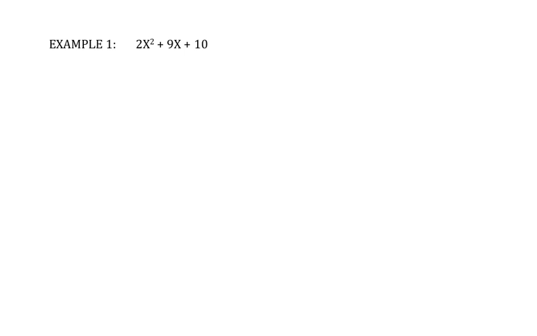So let's look at some examples. We're going to start the same way we did regular brute force. If we look at example 1, we have 2x squared plus 9x plus 10. And there's not a greatest common factor for 2, 9, and 10 other than 1. So we're going to multiply our a times our c. So 2 times 10 is 20.